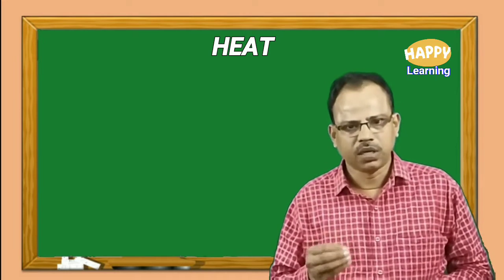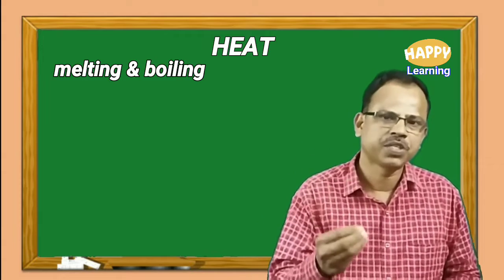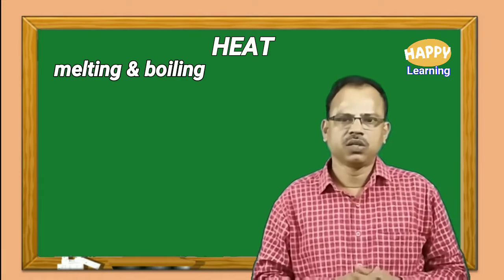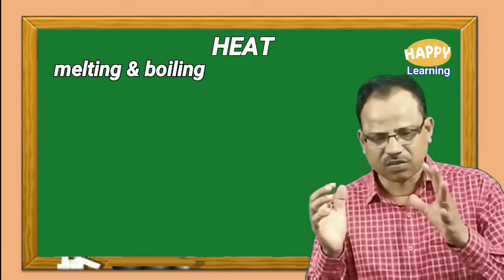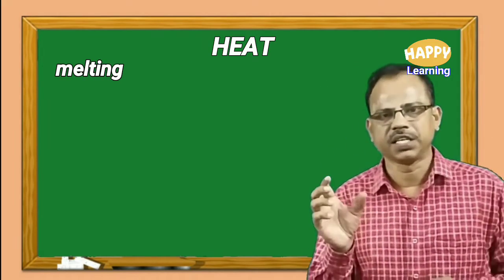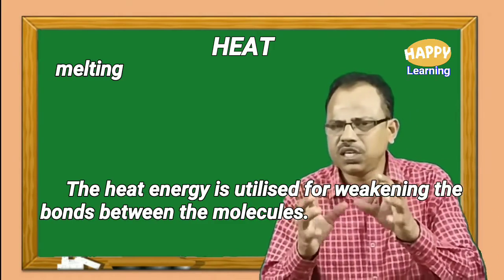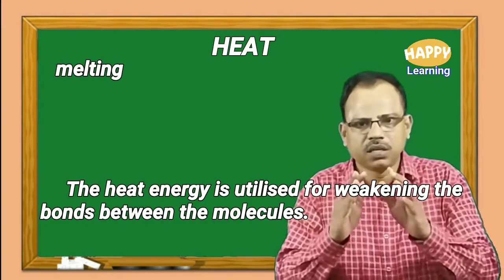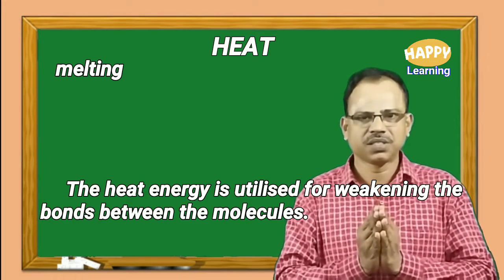Right. So let us move to what happens to the structure of this material while melting and boiling. First, let us take the case of melting of ice. Here, the heat energy is taken and utilized for weakening the bondings between the molecules.